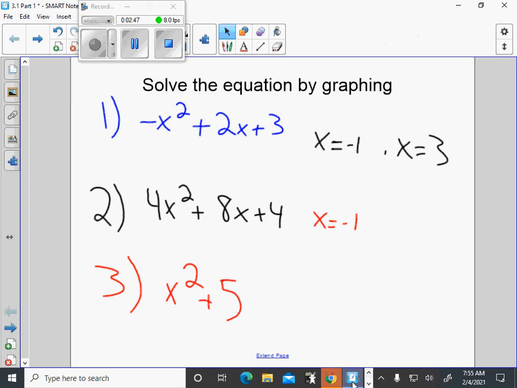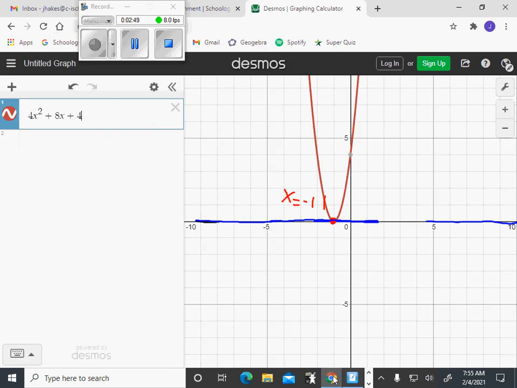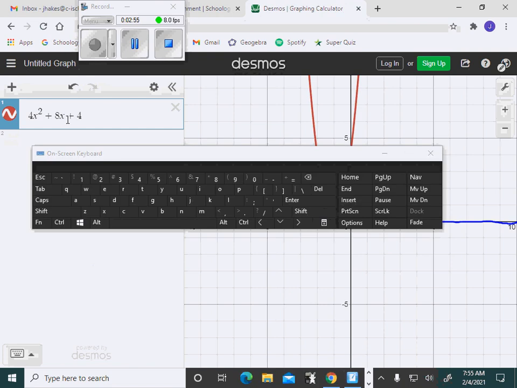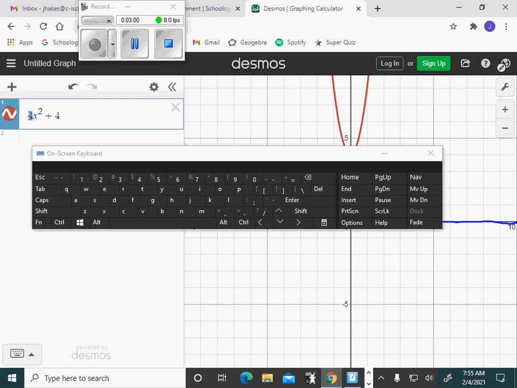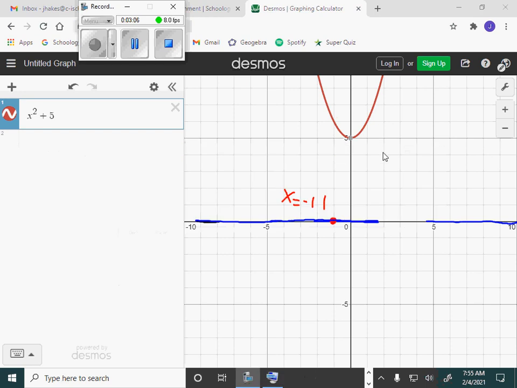Okay, and the bottom one, x squared plus 5. We can get rid of the 8x, and we're going to get rid of the 4. And it's going to be plus 5. x squared plus 5. Okay, where does it cross that blue line? It doesn't, right? It doesn't cross that blue line.